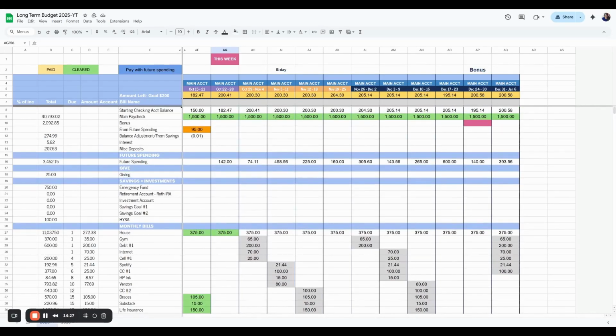And then I will use this Excel spreadsheet to change what I need to change. That way I'm not manually calculating things, erasing, crossing out, but I am using the paper planners to check off, yes, I paid this bill. Yes, I paid that bill.